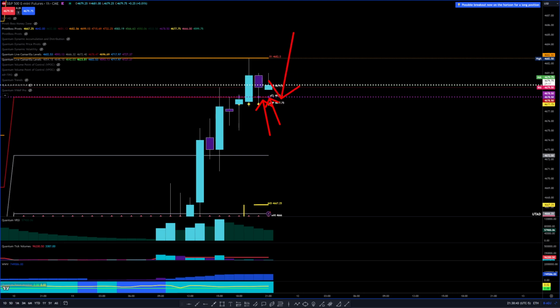Now if we start breaking down and getting reversal patterns here below Camarilla R3, we could see price starting to reverse back to, let's see, the central pivot.